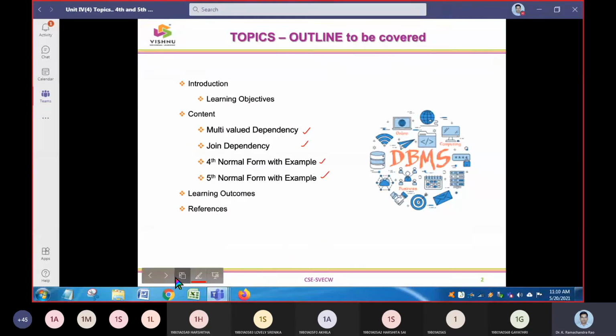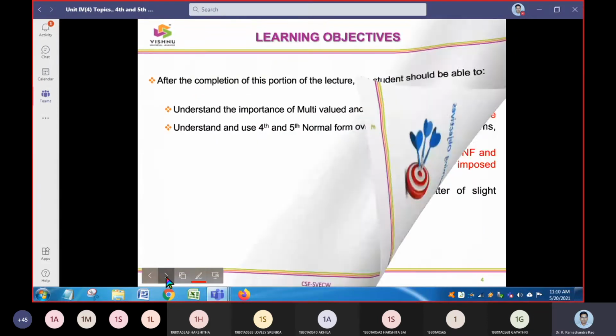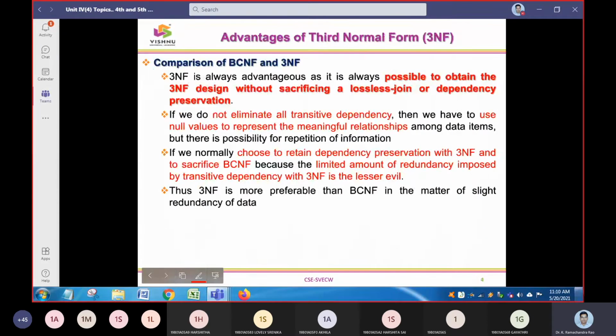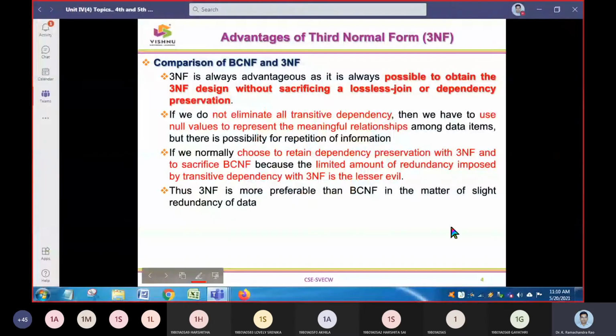And before we move towards multi-valued dependencies, first of all, we should understand what were a few advantages the third normal form has. The most important advantage was it is providing lossless join.